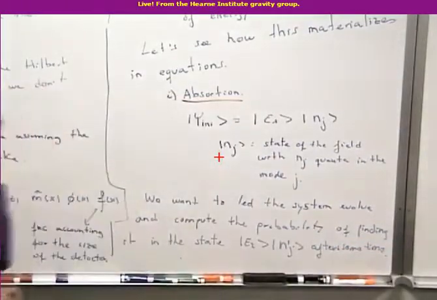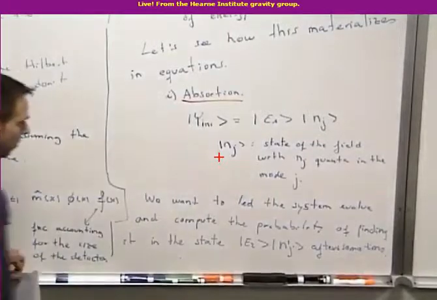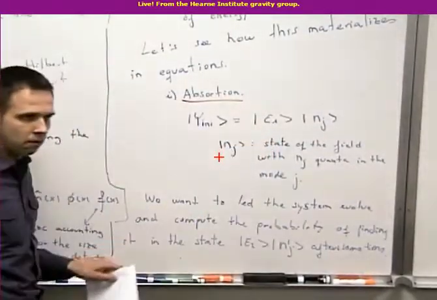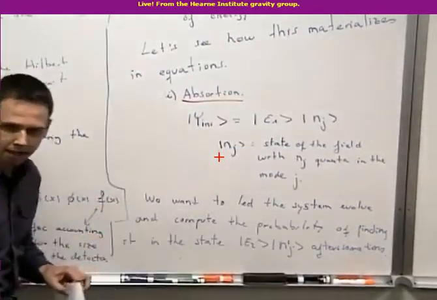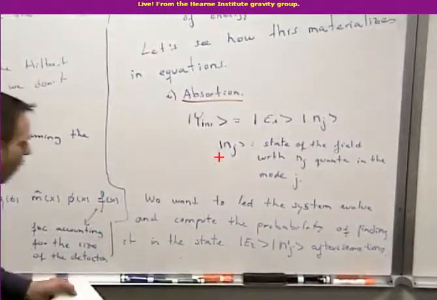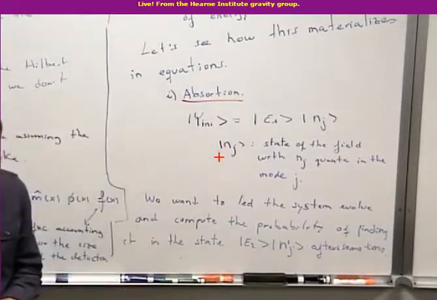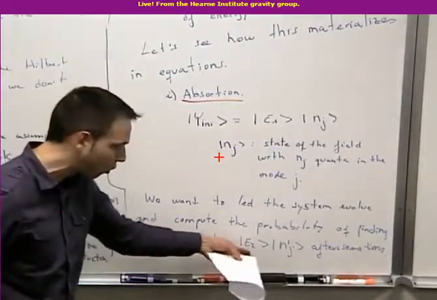This is what we want to do. So take this initial state, evolve the system dynamically, and after some time compute what is the probability of finding my state in a state in which the detector has been excited.